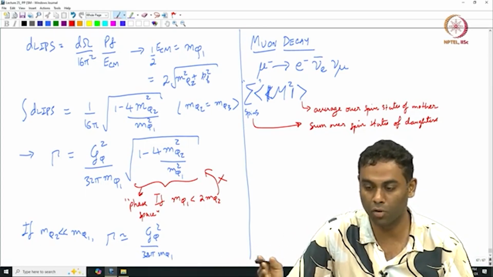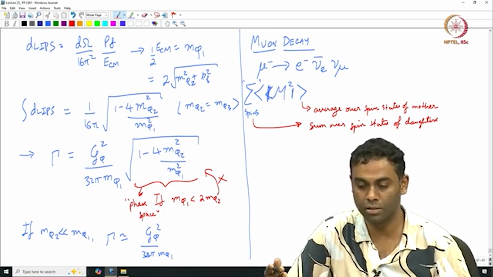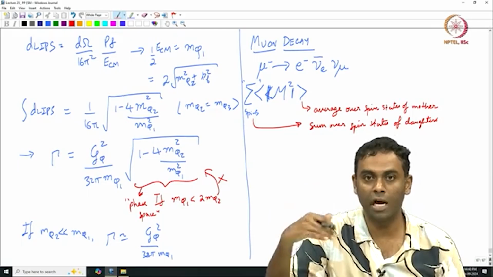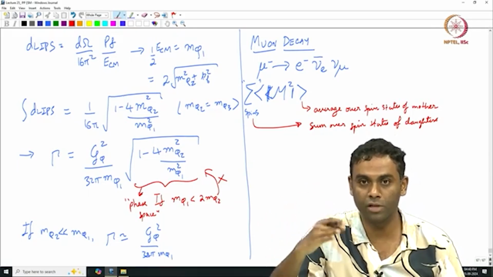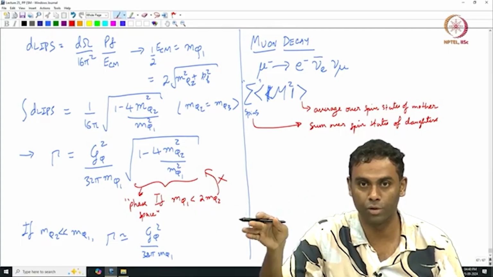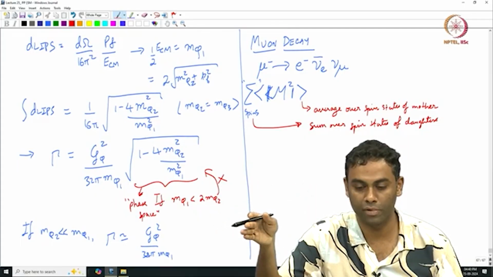That's ultimately what determines the total cross section. The muon could come with spin up or spin down, and you have to average over both. These are all different states, and you have to account for each state when you compute the amplitude and hence the cross section.